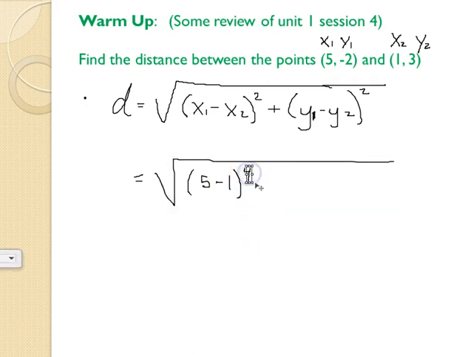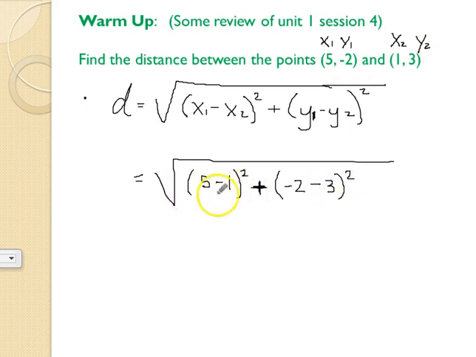Then we're going to head on to our y-coordinates. So we're going to take our first y-coordinate, which is -2, and subtract from that our second y-coordinate, which is 3, and then we're going to square that.